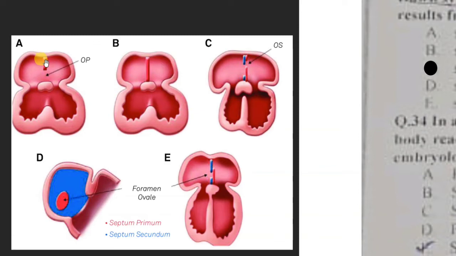So the septum primum is still not attached to this AV cushion, so it forms the foramen which is called ostium primum. In B, you can see that the septum primum basically fused with the endocardial cushion, causing the closure of the ostium primum. In C, when the septum primum fused with the AV cushion, a second foramen is formed. We said that this is the ostium secundum.